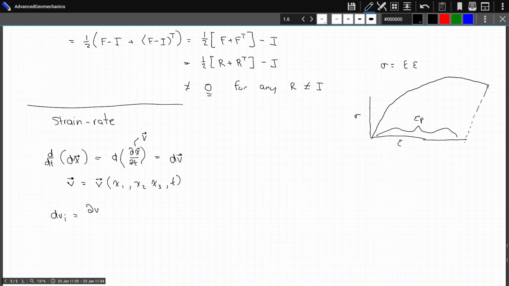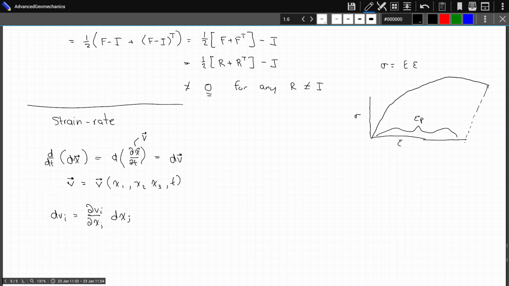That is dvi = (∂vi/∂xj) dxj. Everybody okay with that? Just chain rule.